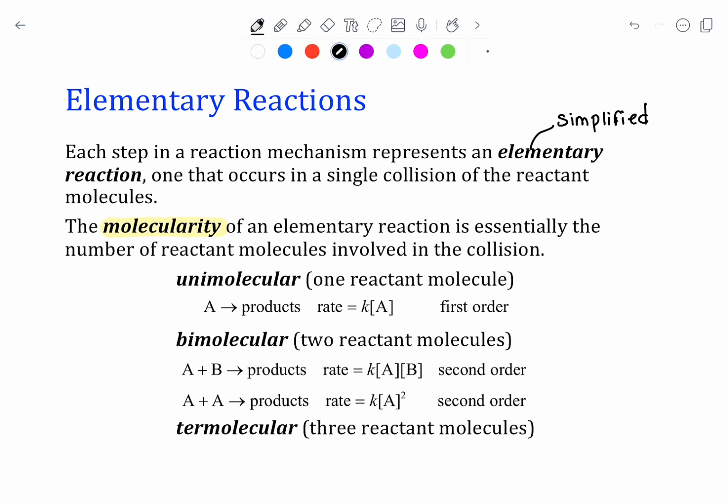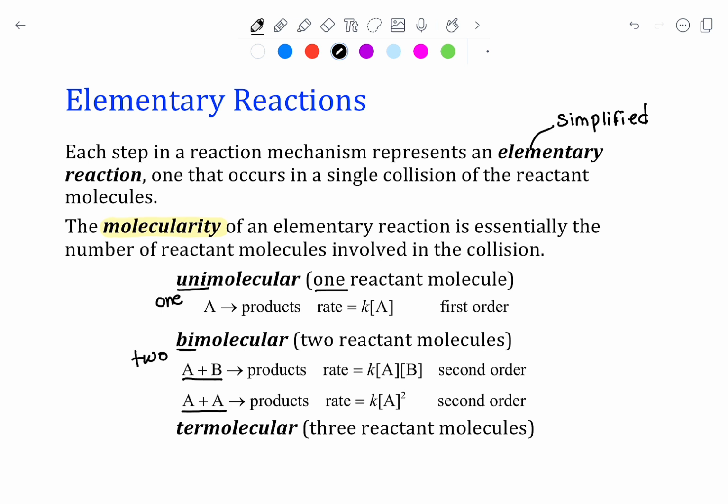So if we have something that is unimolecular, uni meaning one, then we have one reactant molecule. So A going to product would be a unimolecular reaction. Then we have bimolecular, bi meaning two, and that's two reactant molecules coming together to form the product, whether that's two different molecules or two of the same molecules.